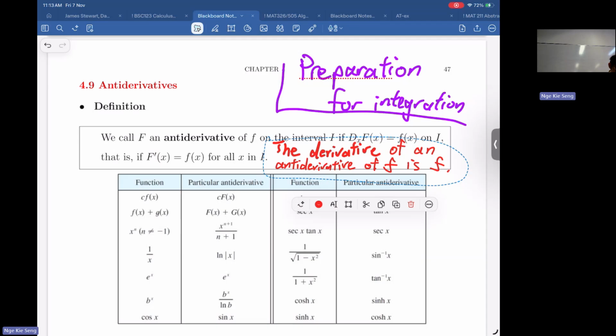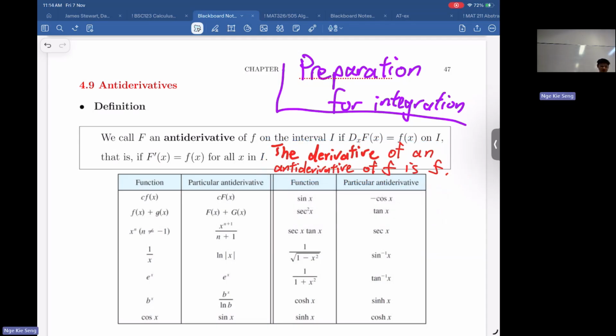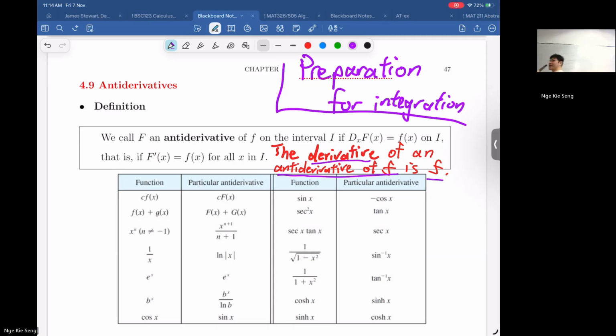The derivative of an antiderivative of f is f. Understand? Where are the nouns here? Derivative, antiderivative of f. Can you memorize this? The derivative of an antiderivative of f is f.